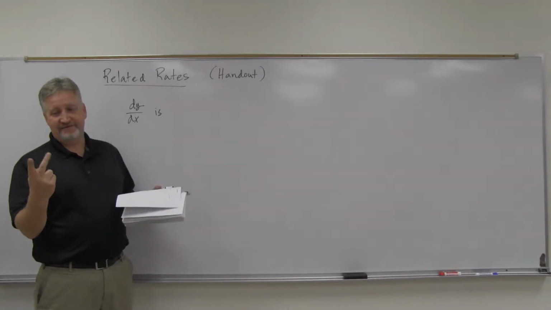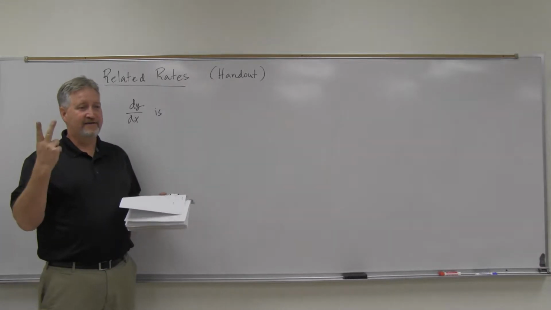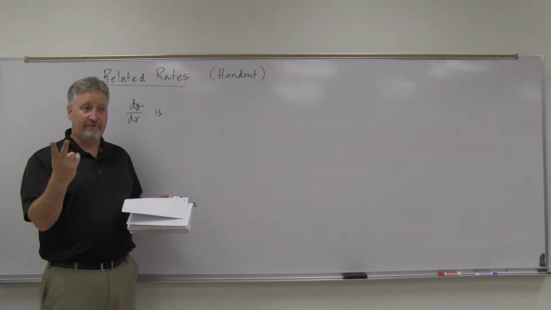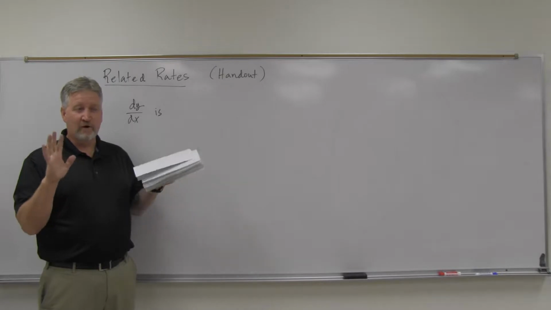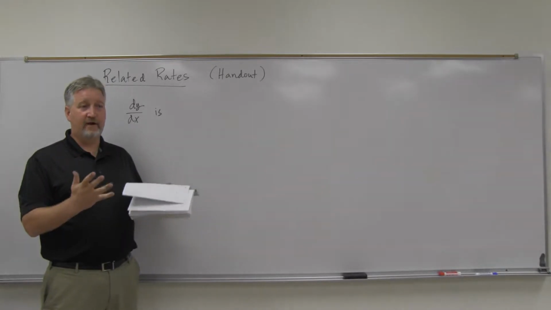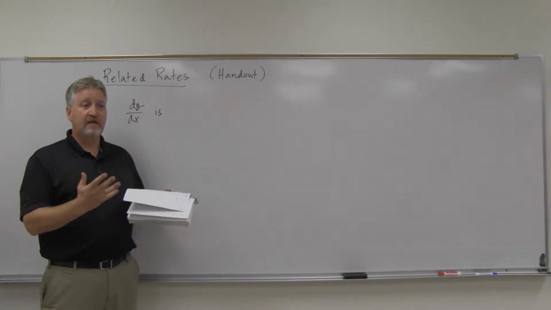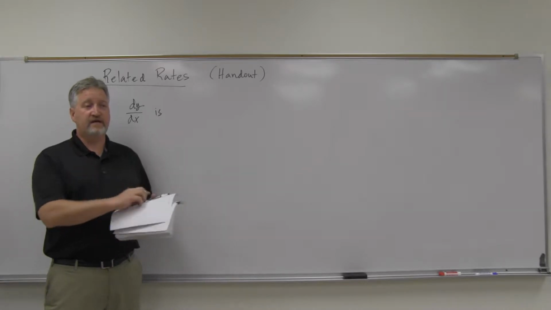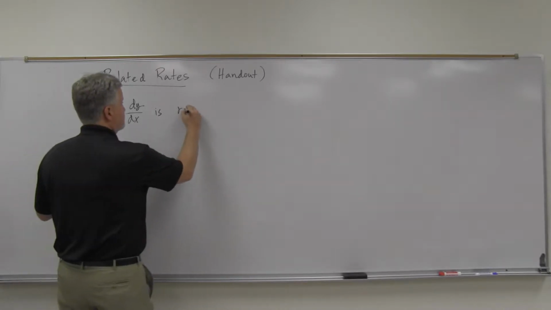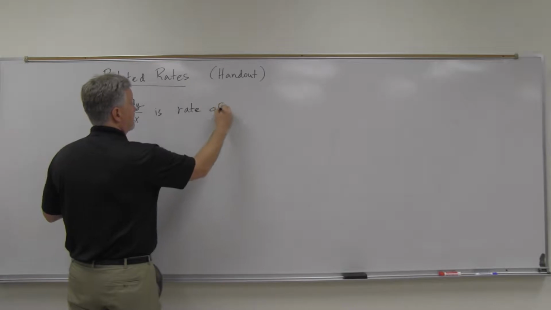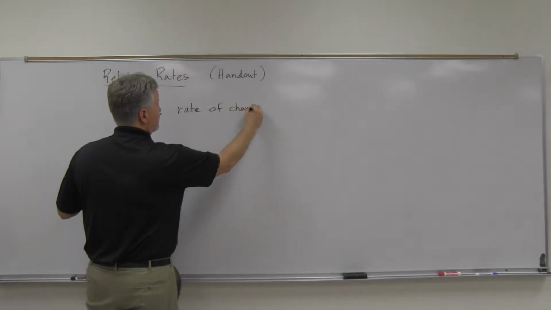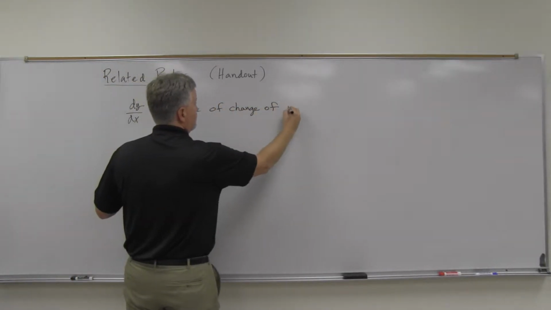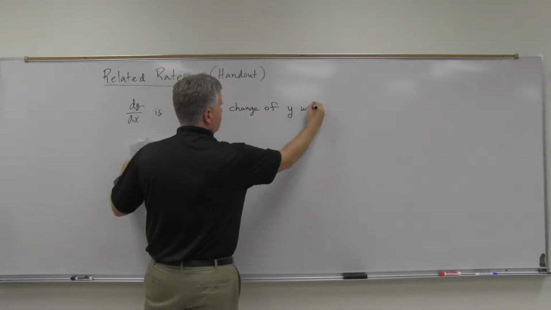Well, the first derivative is the slope of the tangent. But it's also, in terms of wording, remember we talked about rate of change? And for dy over dx, that is the rate of change of the y with respect to x.